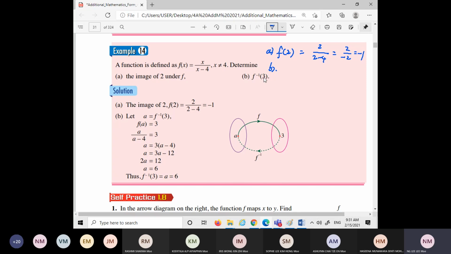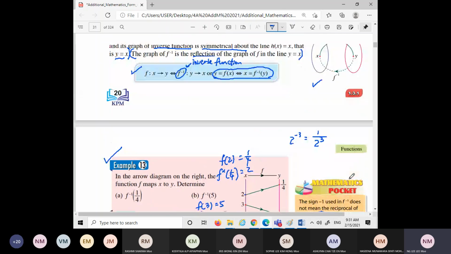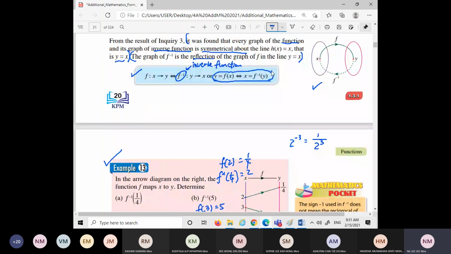Since here they are not giving x but a number, I can let this be an unknown. Here they use a, so you use the same thing, a. And from what you learned just now, this comes back to this.